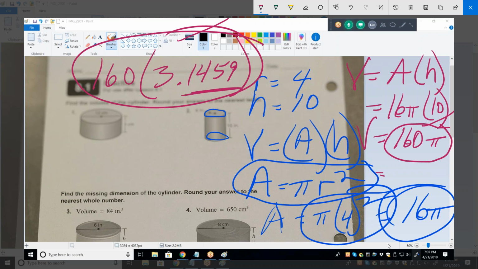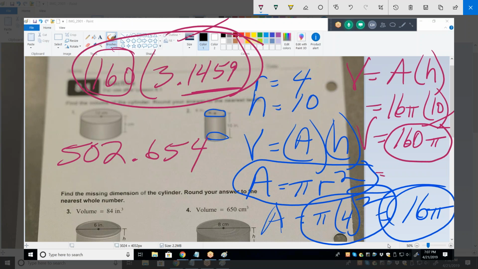Just let's get a number first. We can't do any rounding until we get a final number. You have to multiply 160 times 3.1459. What do you get? 502.654. Hold on, start again. 502 point what? 654.